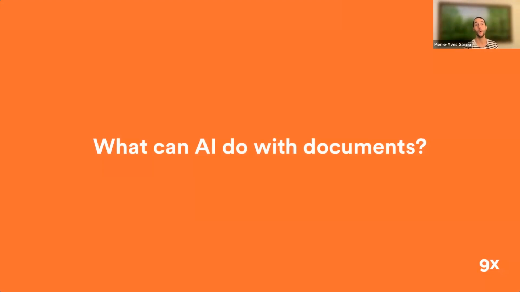Let's start at a high level. What can AI do with your documents? But before we even get into that level of details, even if it's very high level, I want to clarify a couple of things, especially on what we'll cover today.